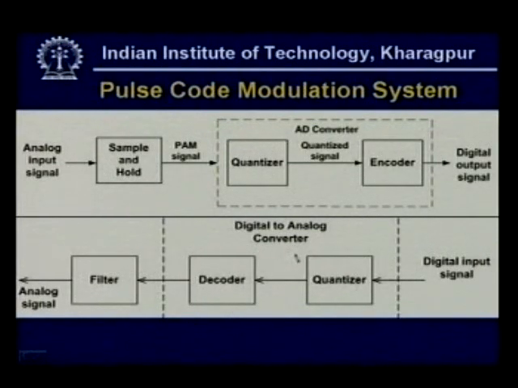The reverse process is first done with the help of a digital to analog converter, or DA converter, and the DA converter will generate an analog signal which has to be filtered. You see, earlier after PAM we got the quantized values; that has to be smoothed with the help of a filter, and we shall get the analog signal recovered.